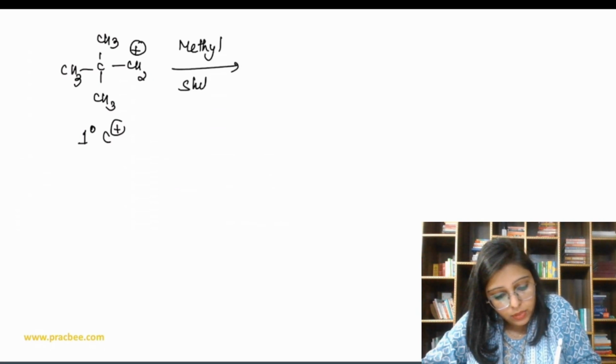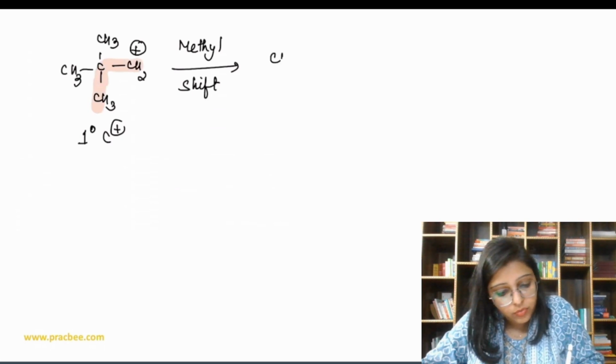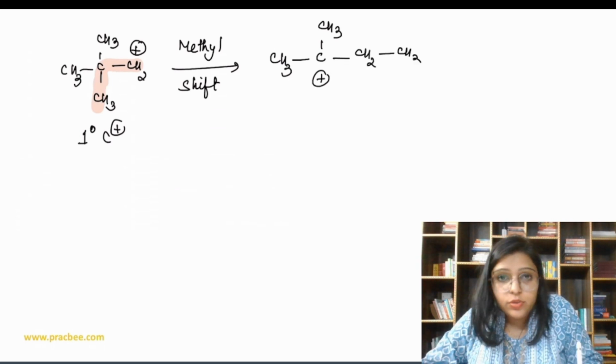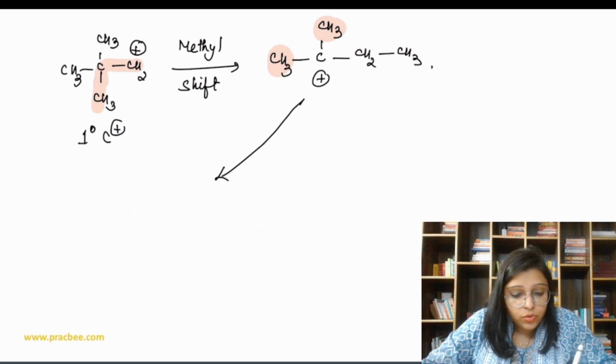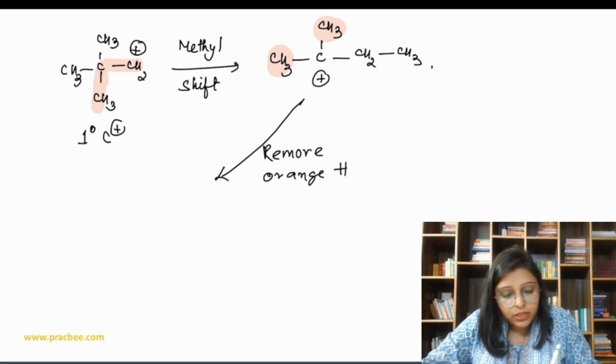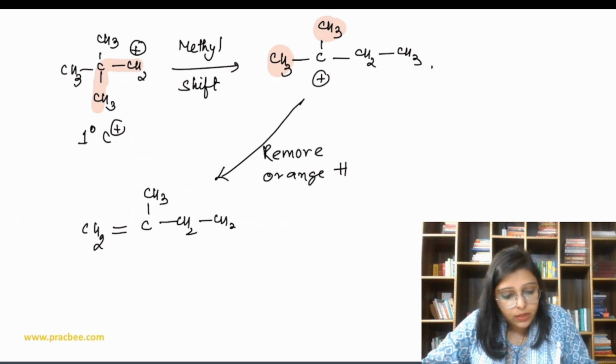When we do methyl shift, we get a 3-degree carbocation, CH3 positive, then CH2, CH3. From here we have one type of hydrogen. If I remove any orange hydrogen, we get CH2 double bond C, CH3, CH2, CH3.